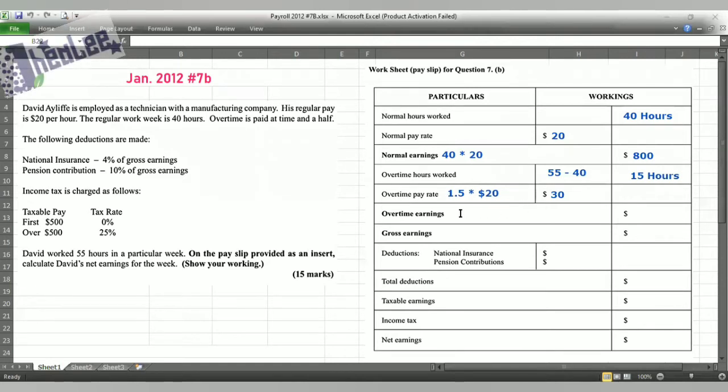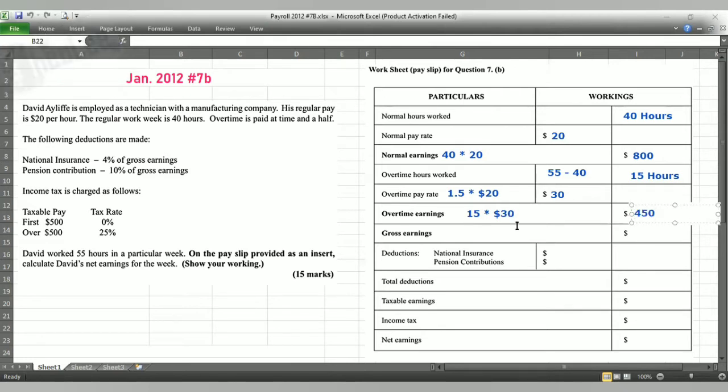Now the overtime earnings would be the overtime hours of 15 times the overtime pay rate of $30, and that gives us a value of $450.